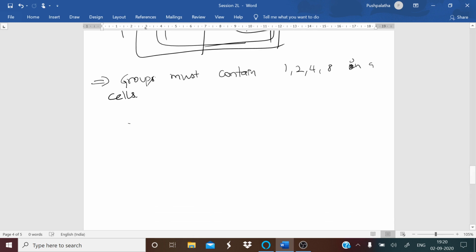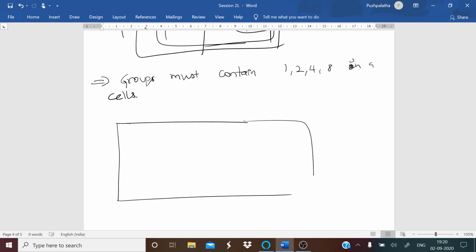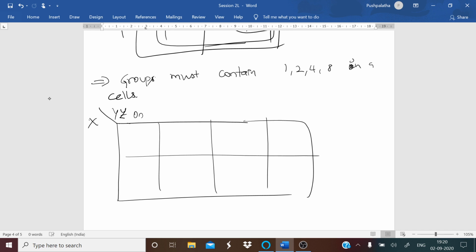Now for example, x, y, z, 0, 0, 0, 1, 1, 1, 1, 0, right? You remember this. So 0 and 1.